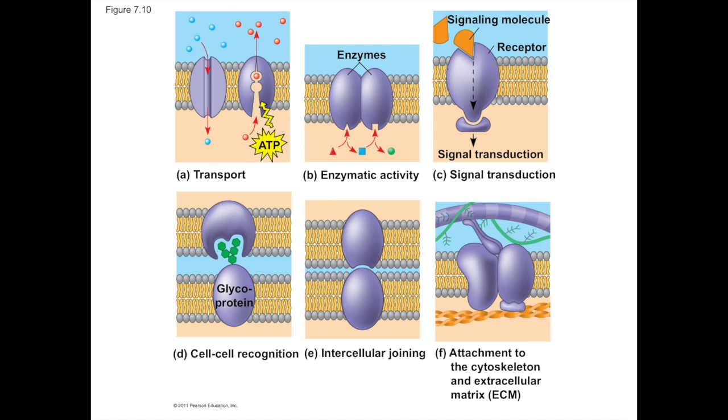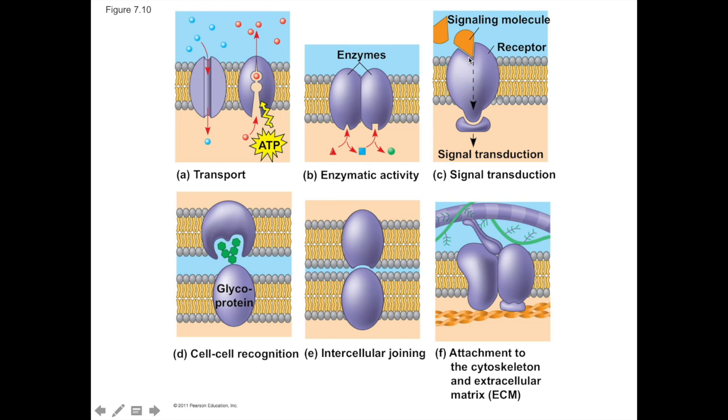Just like if someone rings the doorbell at your house, maybe you get up and answer, or if you're like me, you hide and wait for them to go away because you don't like people coming to your house without expecting them. But that's signal transduction.